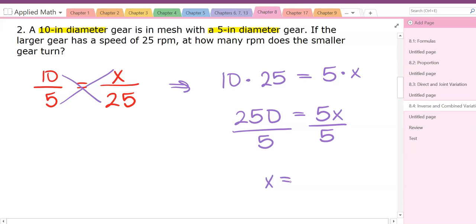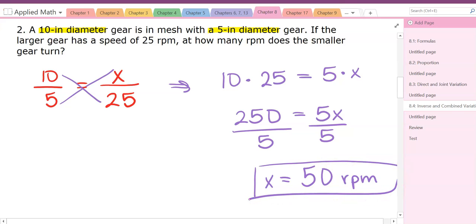Anybody know what 250 divided by 5 would be? So the smaller gear is turning 50. It's making 50 revolutions per minute. That means it's turning 50 whole times in every 1 minute, while the larger one does that 25 times.